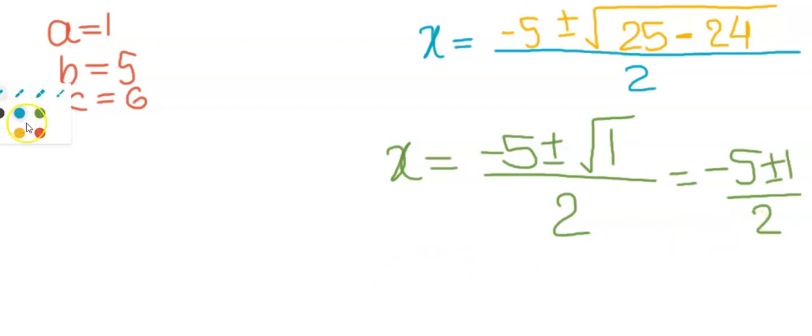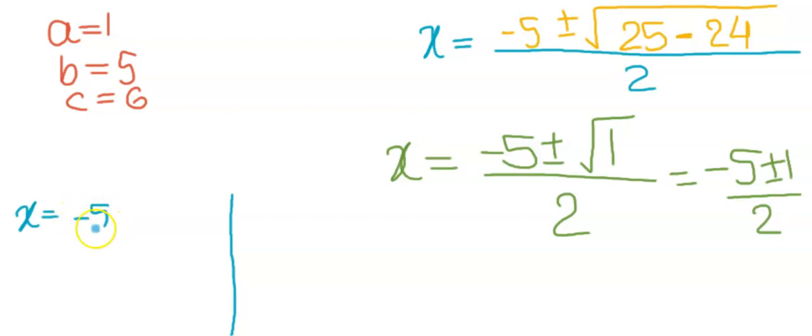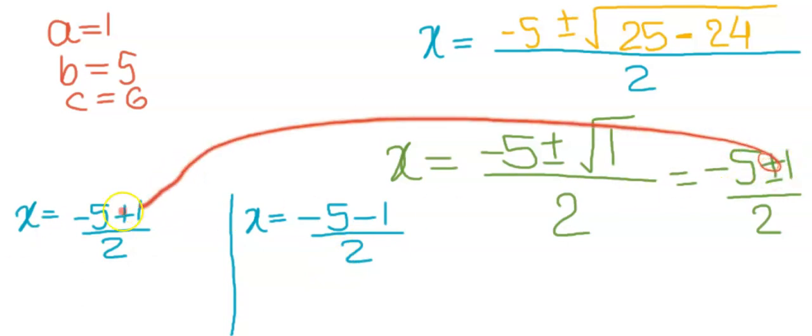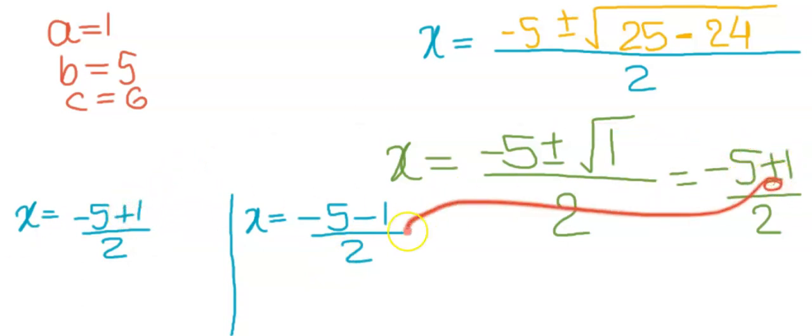Now you got two things. One is plus, one is minus. So you need to do it twice. You write down x equals minus 5 plus 1 over 2. Then you repeat the same: x equals minus 5 minus 1 over 2. Why minus and plus? First I use this plus and put it here. Then I use this minus and put it here.